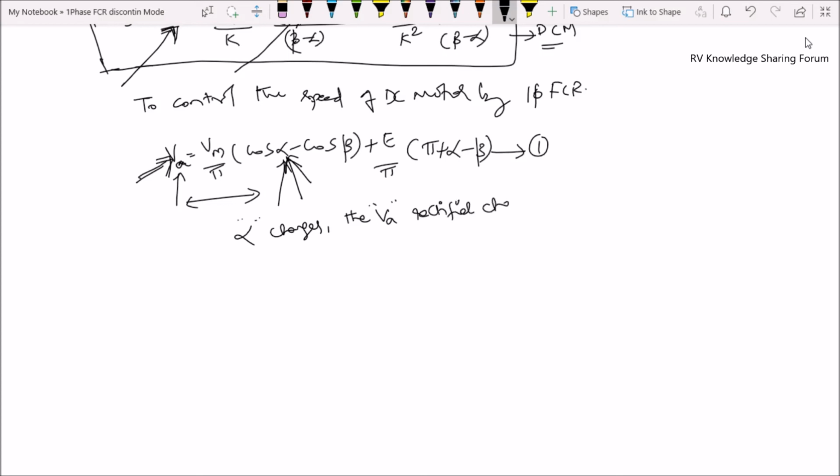And this change is such that when the firing angle alpha increases, the average output voltage of the rectifier decreases. So let me redraw the circuit here.